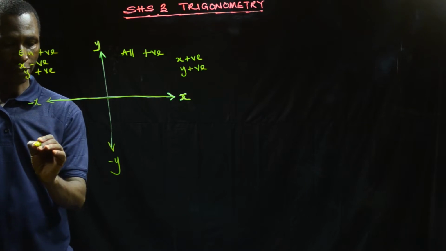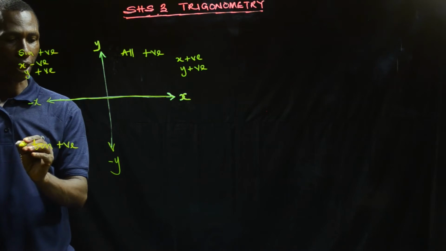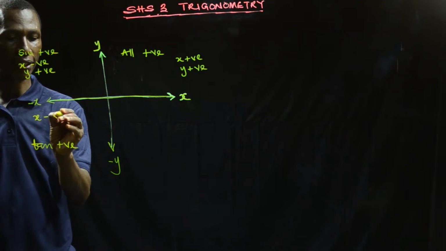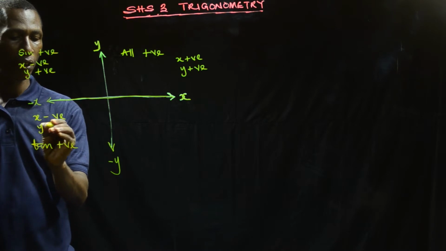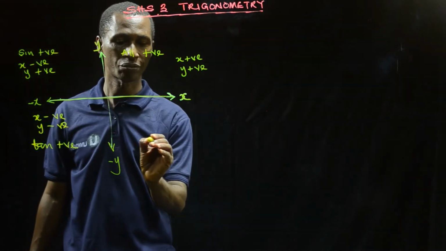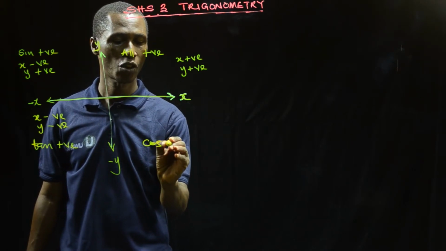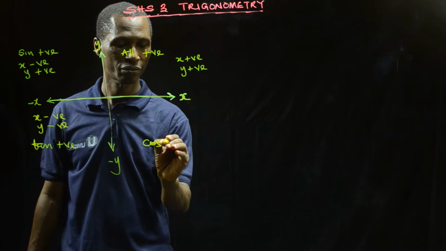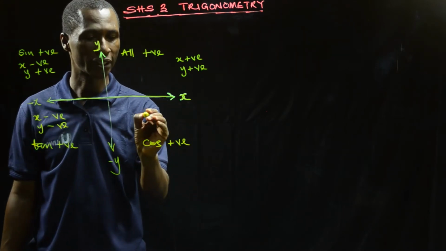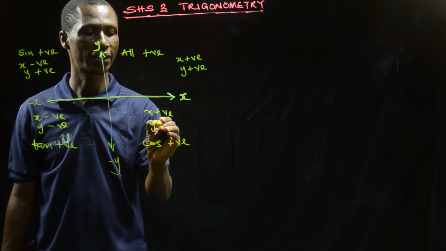Only tan is positive. Now in this quadrant, both X and Y are negative. Then when you come to this section, cosine is positive, which means that in this quadrant, X is positive and Y is negative.